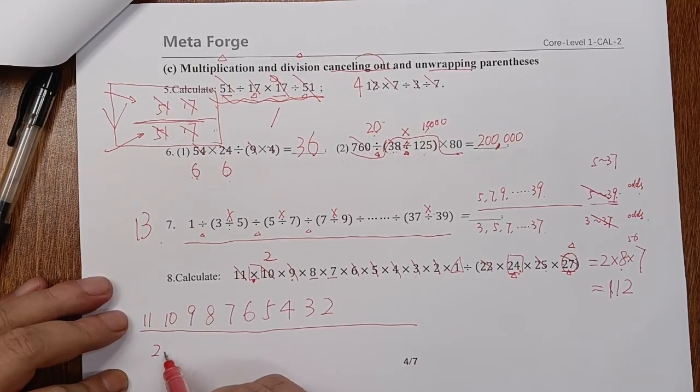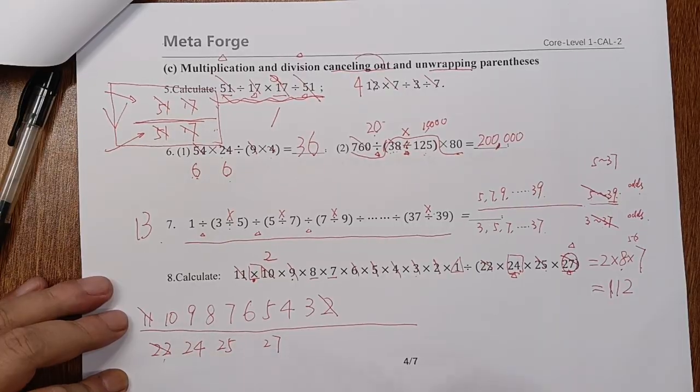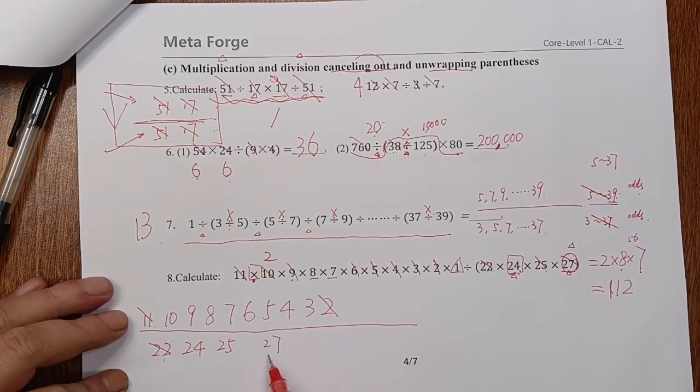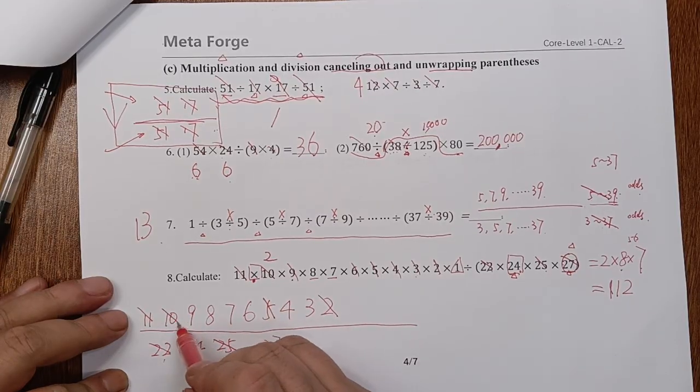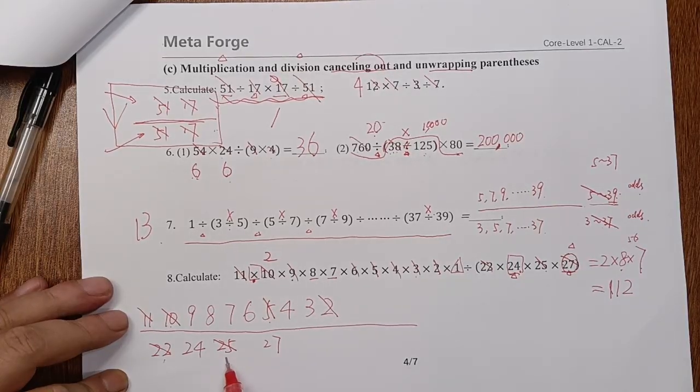And the opposite side, 4 numbers. 22, the only way to form 22, do it first. Yeah, 25, the only way to form 25 is 5 times 5. Only this number and this number contain 5. Here is one 5, here is one 5. The remaining number is 2.